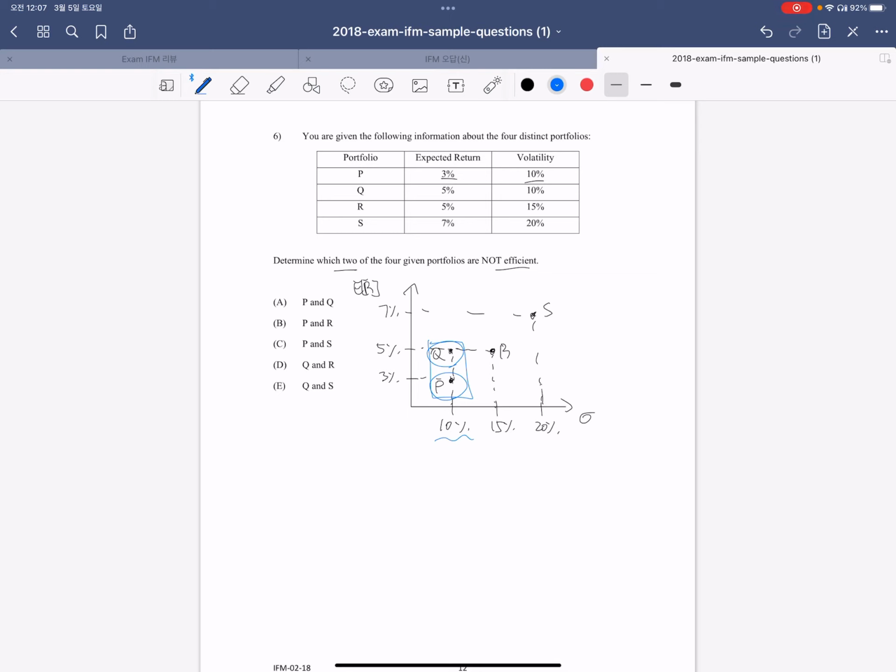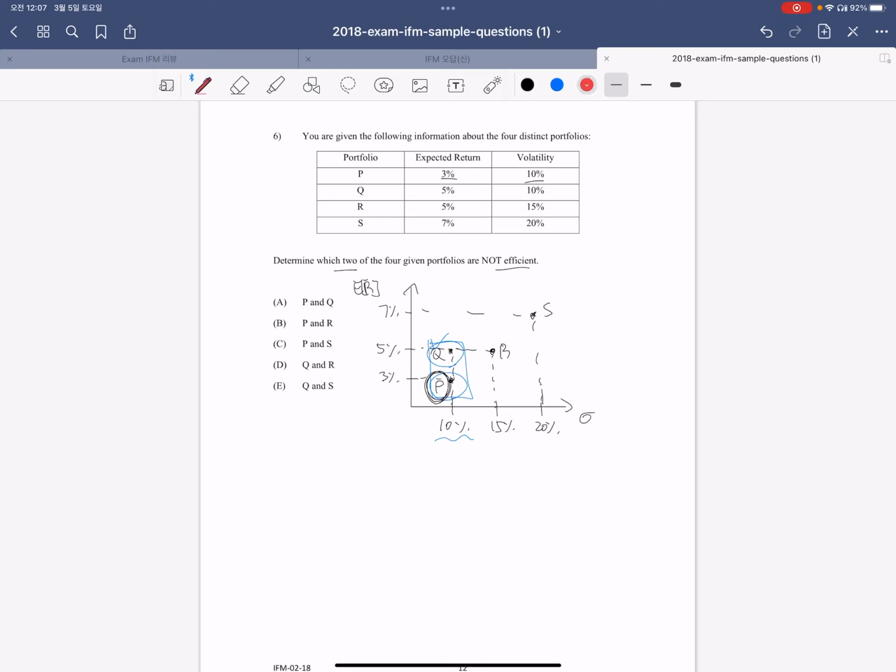So in this case, if we have the same volatility, you should always go for the portfolio that has the higher return, Q. So P would be a bad portfolio. So P would be one of the portfolios that are not efficient.